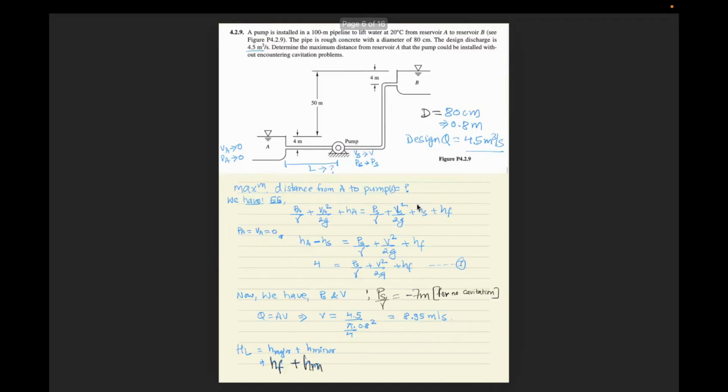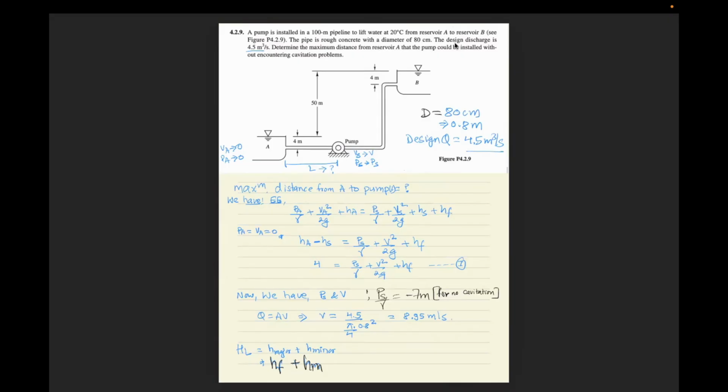Now let us go to question number 4.2.9. This is slightly before the order of your homework problems, but I would like to solve this first. This problem asks us to determine the maximum distance from reservoir A to this pump P such that there will not be a problem of cavitation.